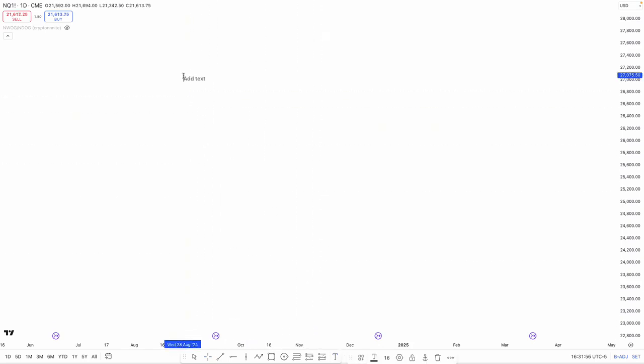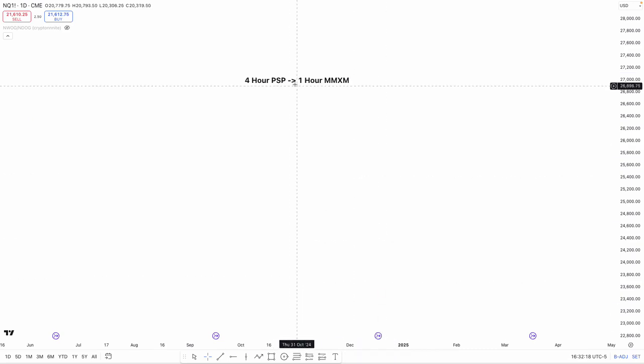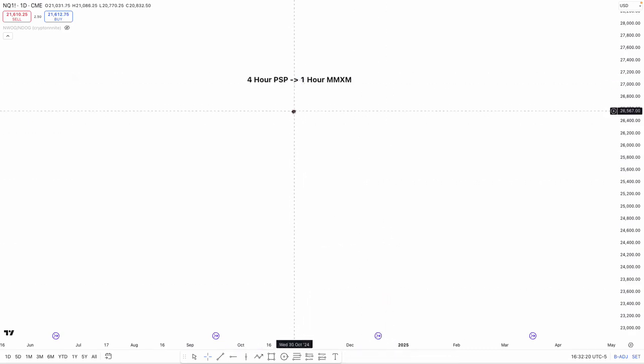So first, I'm going to go over the time frame alignment. Typically, we'll be looking for market maker models one time frame below the precision swing point. So for example, a 4-hour PSP will have a 1-hour market maker model. And when I talk about the time frames, I'm going to be referring to the more traditional ones that we use.